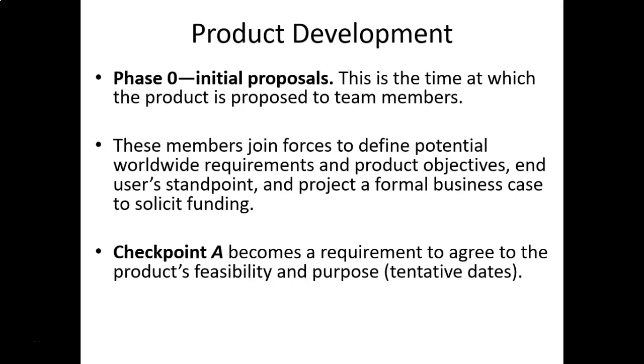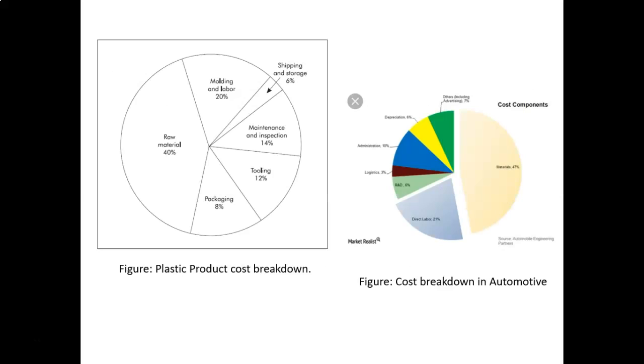This is the time at which the product is proposed to team members. Okay, these members join forces to define potential worldwide requirements and product objectives from the user standpoint and project a formal business case to solicit funding. Okay, so during phase 0, it reaches checkpoint A. So checkpoint A becomes a requirement to agree to the product feasibility and purpose, which is tentative dates, right?